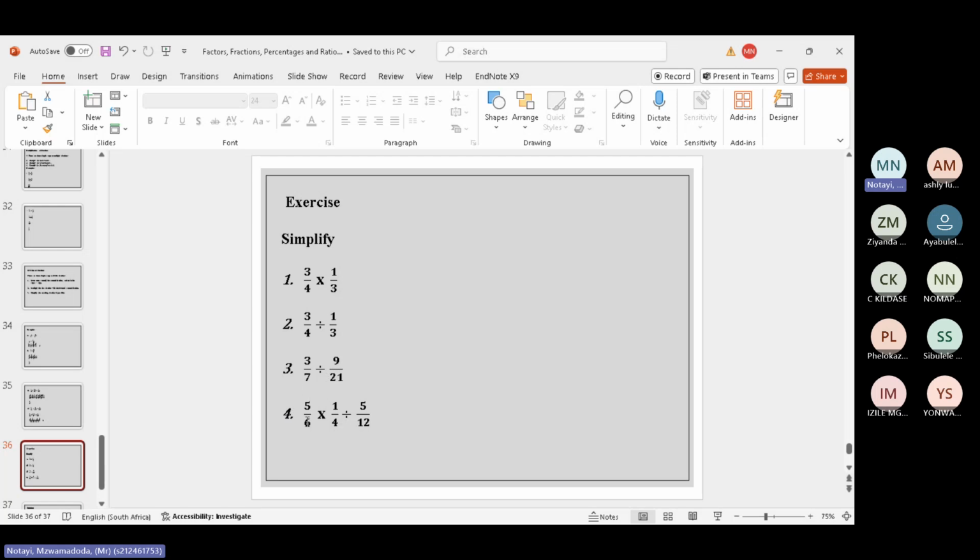Number 4, 5 divided by 6 multiplied by 1 over 4 divided by 5 over 3. Please work those out, and again, share your answers in the chat section.